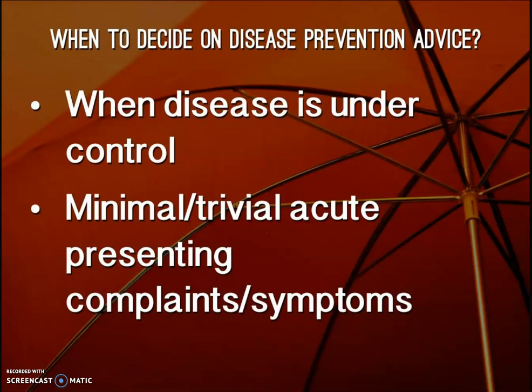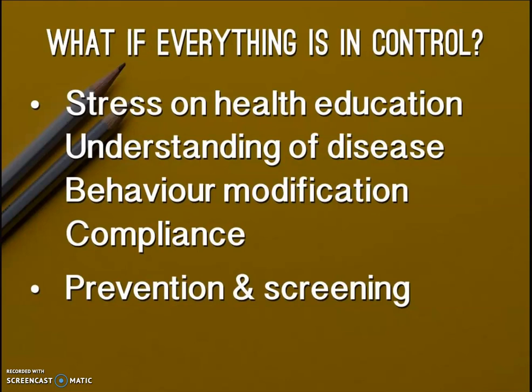So there are so many things that the patient needs to handle in one setting. So wait until all of these symptoms and diseases are under control. When everything is under control, then this is the right time for you to stress on health education, understanding of the disease, behavior modification, compliance, and prevention and screening.